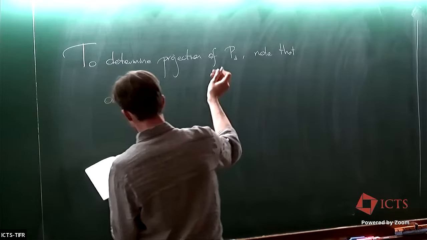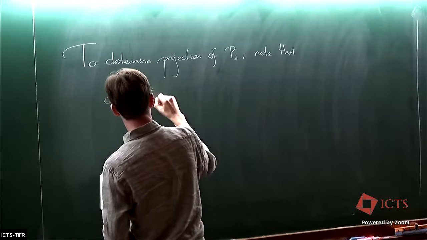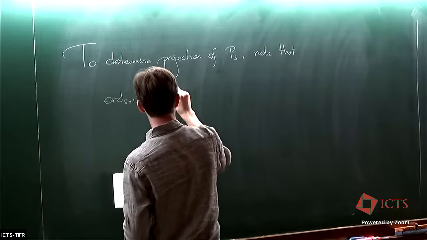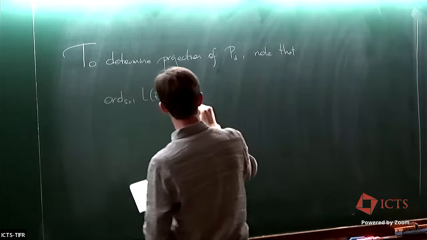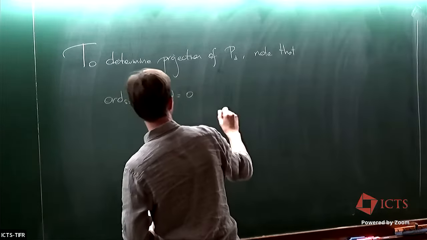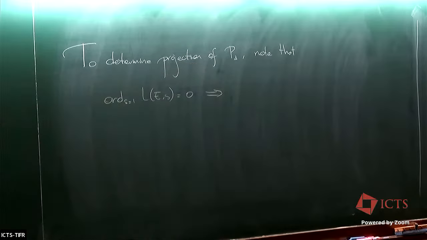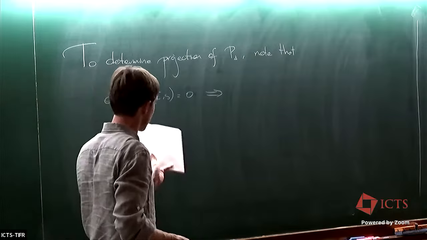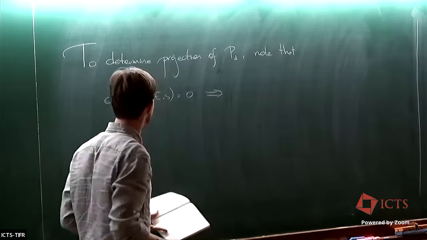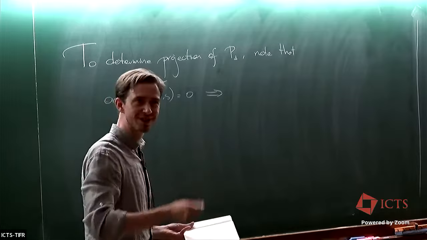You see, if the analytic order of E over Q this time, yeah, is equal to 0, well, then we know the sign in the functional equation. The sign in the functional equation must be even, because it vanishes to even order. Sorry, am I saying that right? It must be odd. Yeah.